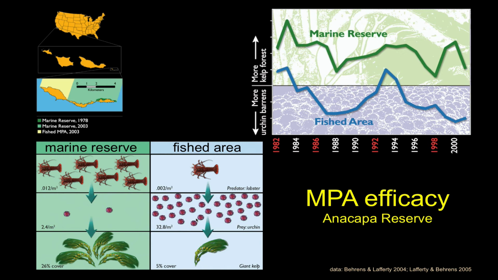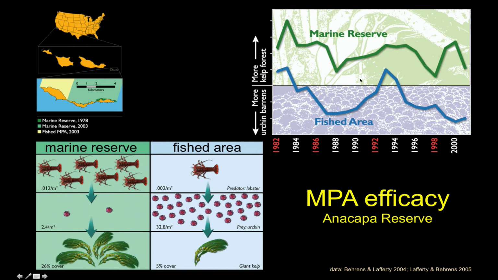So that's a bit of a simplification. Obviously, in the fished area, we now fish for uni. We fish for urchins to sell primarily to the sushi market in Asia. And so it's not as straightforward as this would imply, because we can knock these guys down, we can knock these guys down too, but we'll set that aside for a minute.